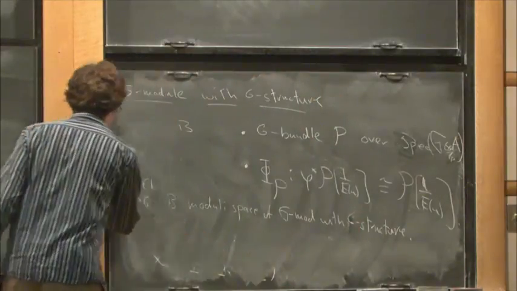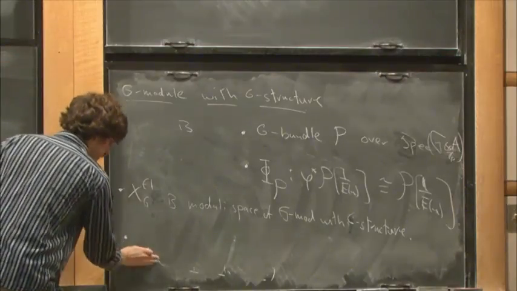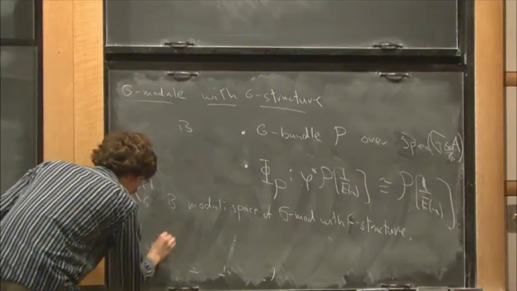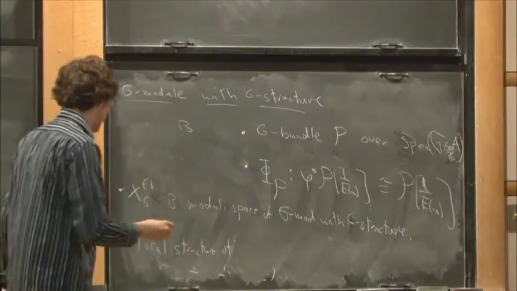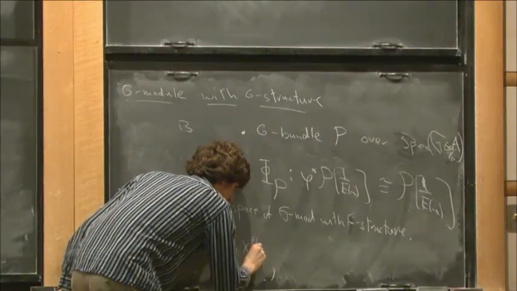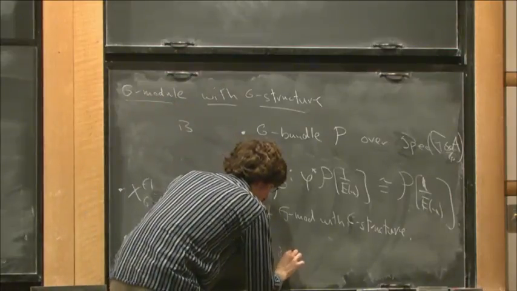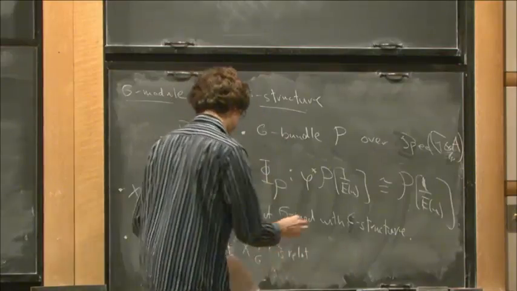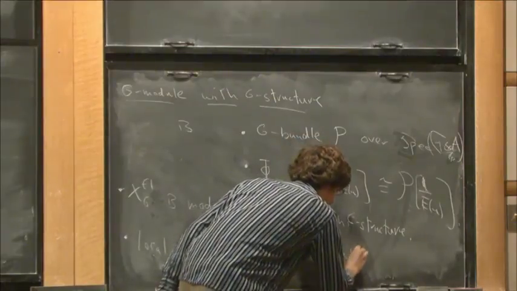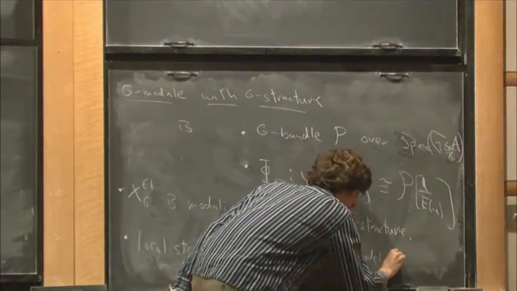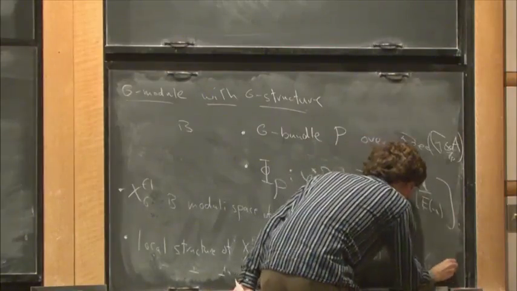And the last thing is that the local structure of X flat mu G is then related to a local model for the group Res_{K/Q_p} of G and this cocharacter mu.